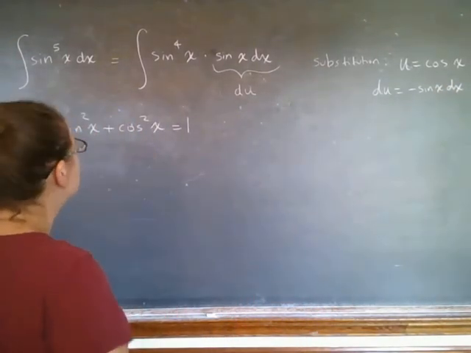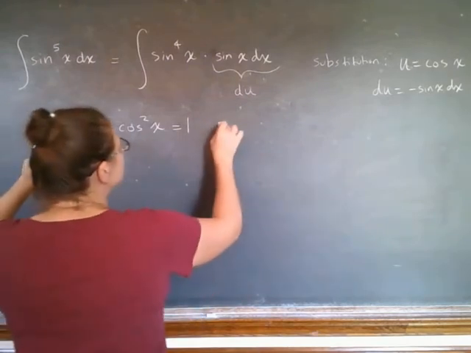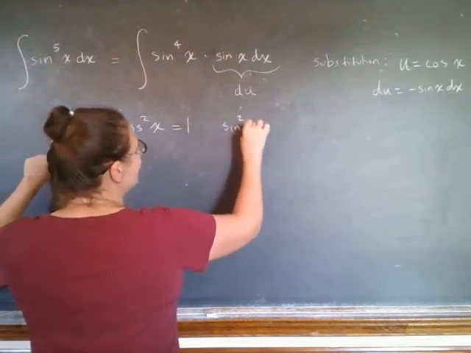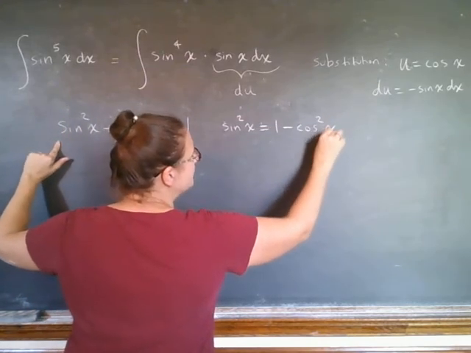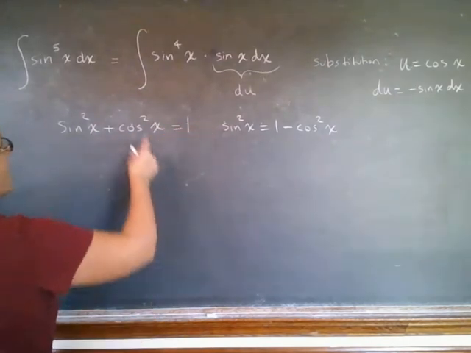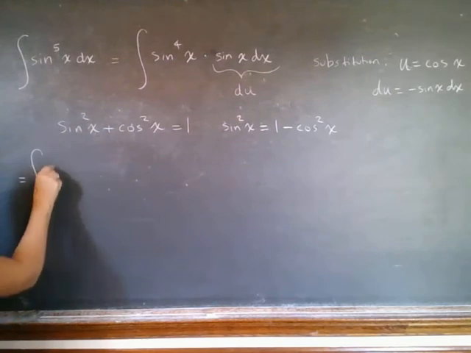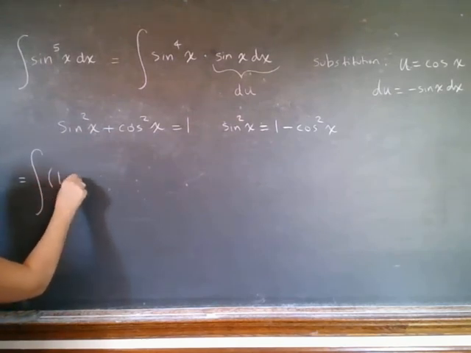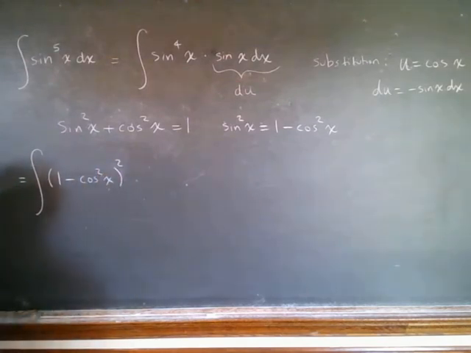Using this, I can write sine squared x is 1 minus cosine squared x, right? And sine to the fourth is sine squared squared. So going back to my integral, I can put in 1 minus cosine squared x quantity squared, right?